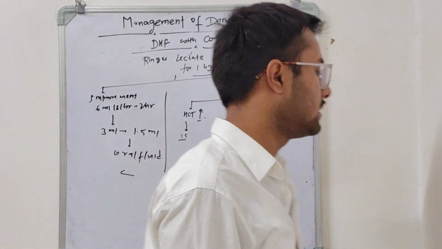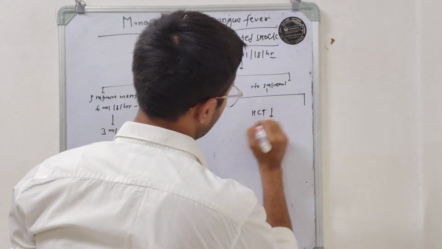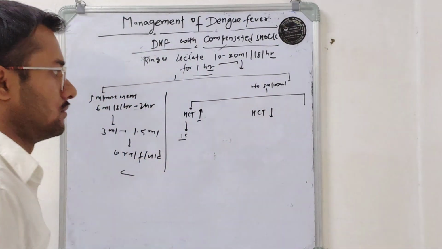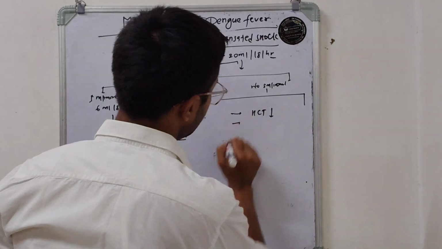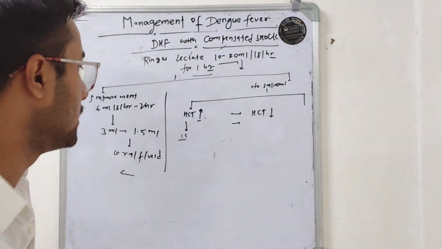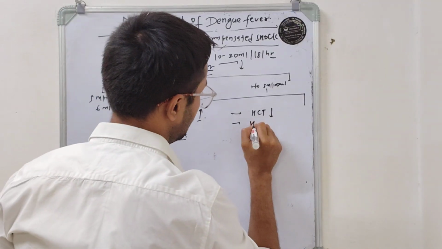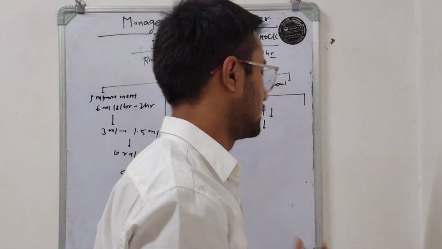The other condition is that the hematocrit level falls. But the problem is that along with the fall of the hematocrit level, the patient's hemoglobin level also falls. Two things are happening in this condition.